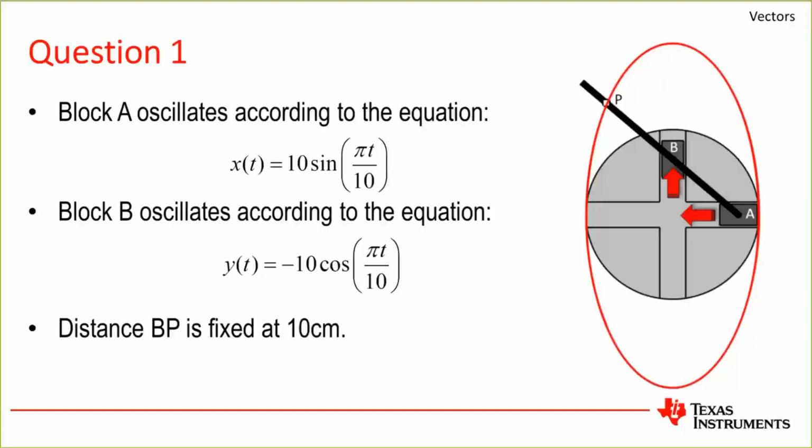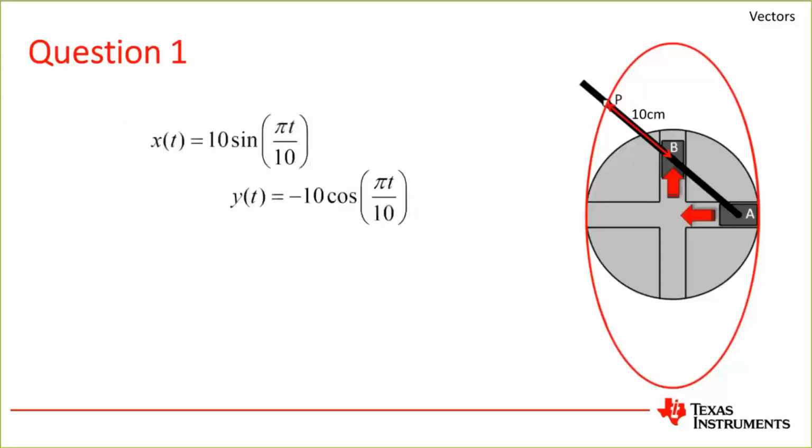It's a rod from A through to P. It says that BP is fixed at 10 centimetres. There it is on our diagram. And time is measured in seconds. So we've given all our parameters. So let's have a look.